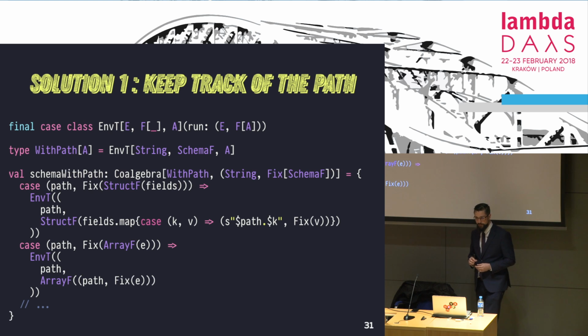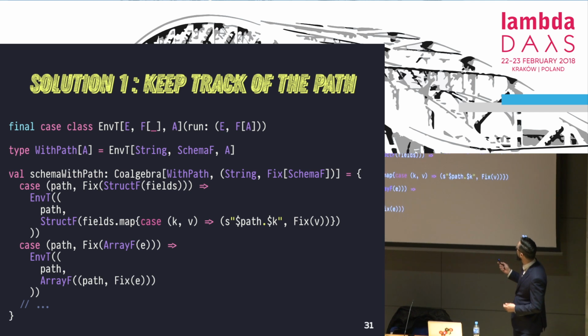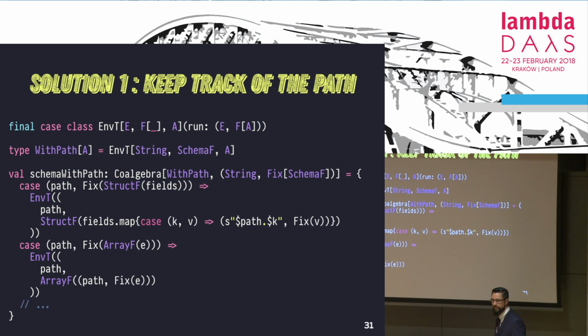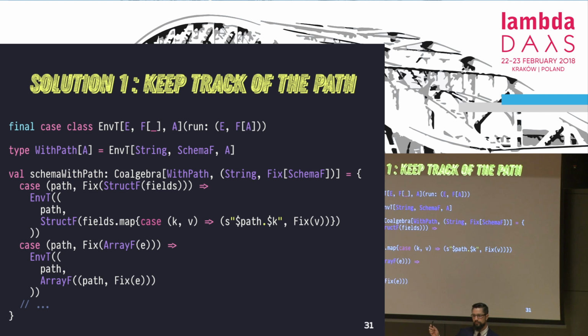So in Matryoshka, we have what they call utilities patterns. This one is called Env, and it allows you to label each node of a recursive structure with a value of type E. So the idea is to start from the top with an anamorphism and label each element of the schema with its path inside the tree.